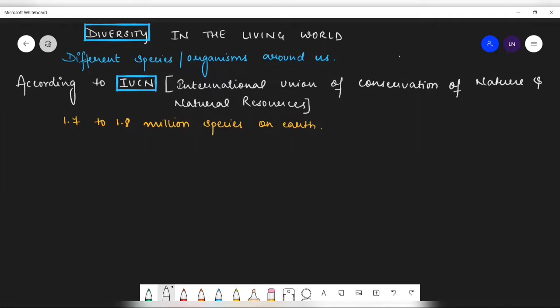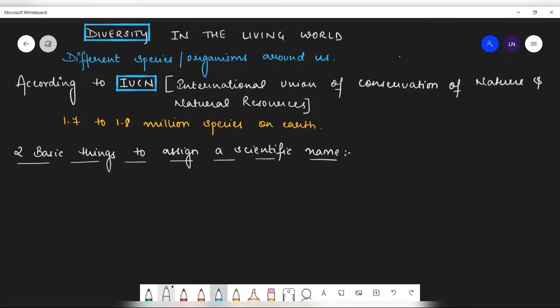So what are the two basic things to assign a scientific name? If you want to give an organism a name, what are the two basic things we should follow? The first thing that we should follow is nomenclature.